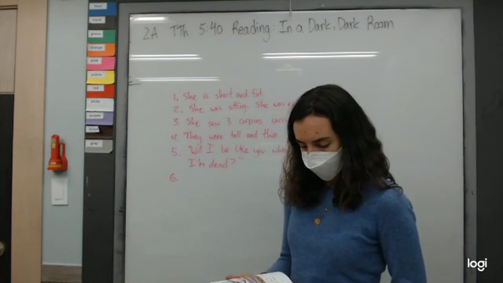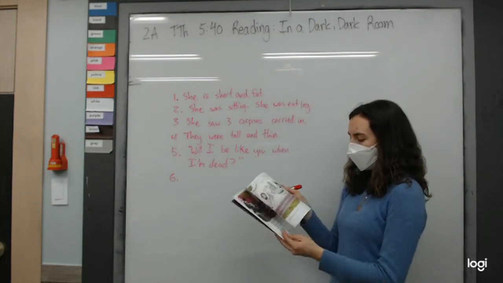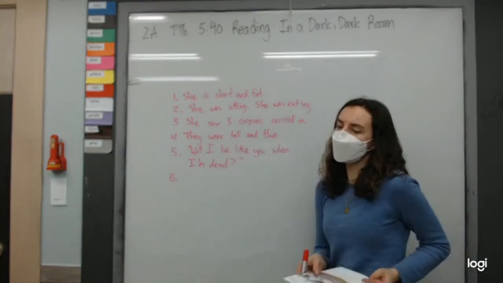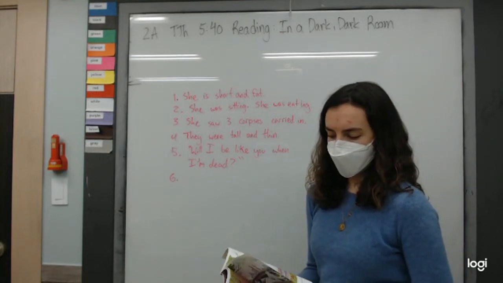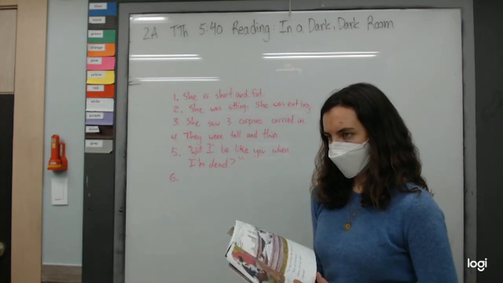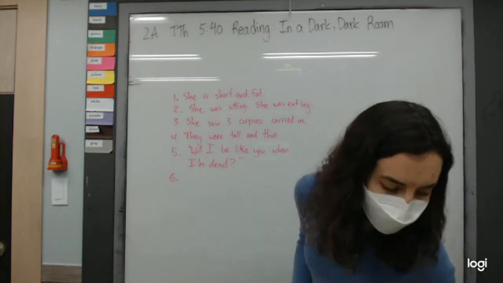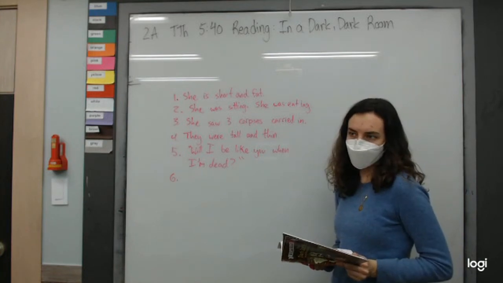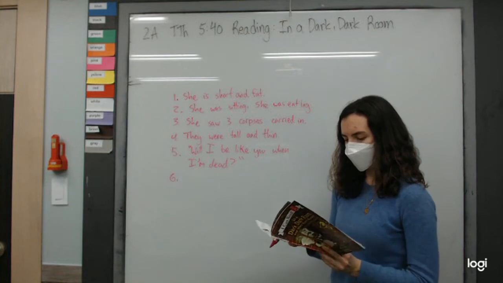Okay, the next question is, why did the woman scream? So on this page, 23, the woman screams. Why does the woman scream? They say, "You will be like us when you are dead."